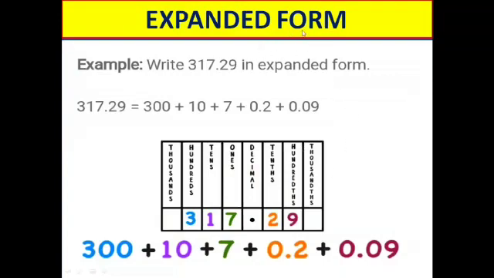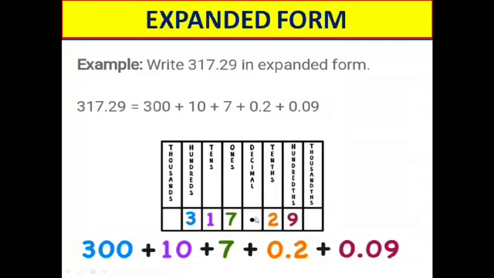Now let's understand the expanded form. Suppose I have the number 217.29 and I want to write it in expanded form, then according to their place value, I will write it. 2 is at the place value of 100, so it will be 200, and 1 is at the place value of tens, so it is 10, and 7 has place value ones, so it will be 7.